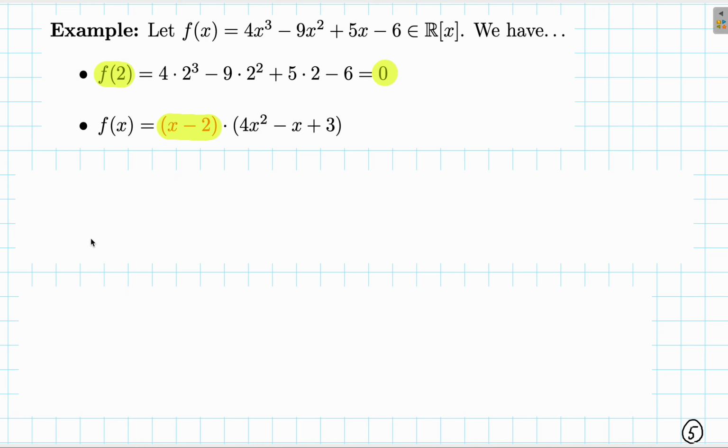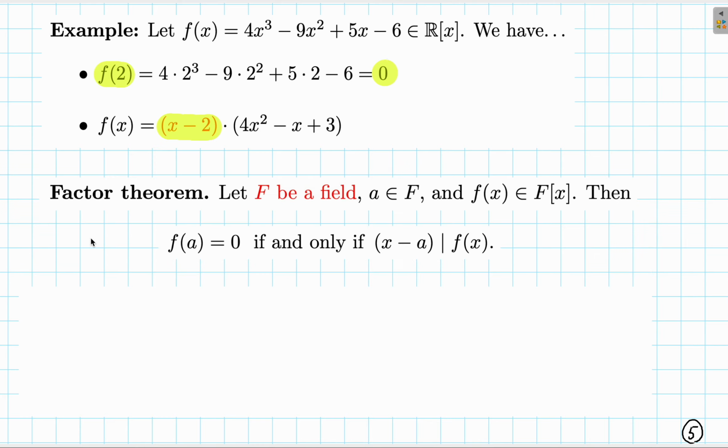And here's a theorem that generalizes this example. It's called the factor theorem. Once again, the coefficients of our polynomials must come from a field. So we'll let capital F be a field, little a be an element of F. And so in our example, this is 2 being an element of the reals.